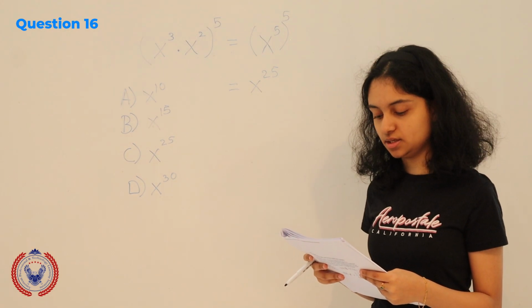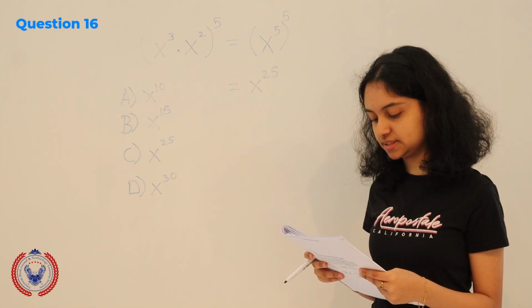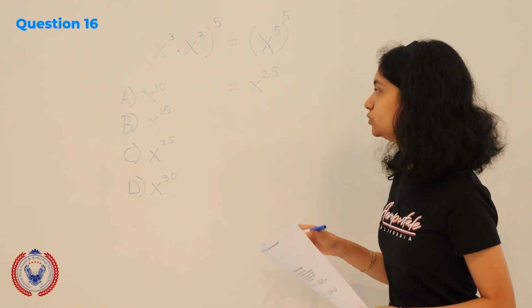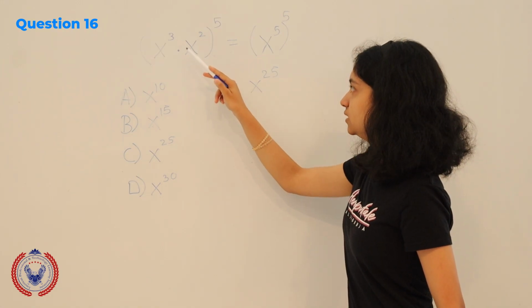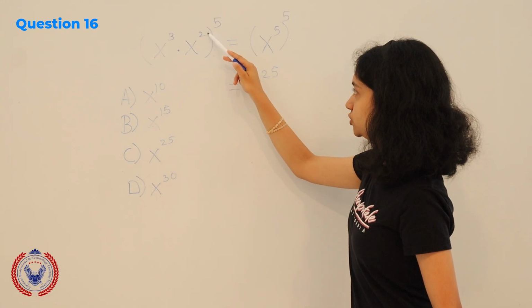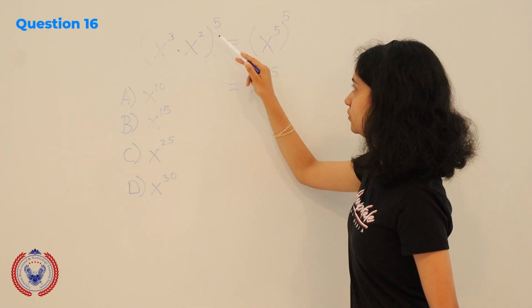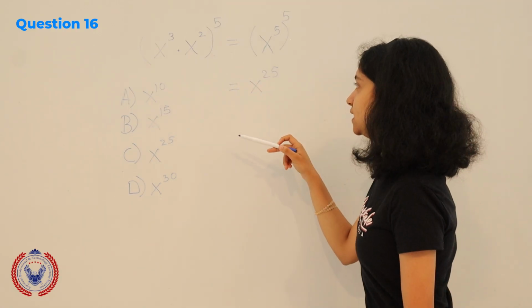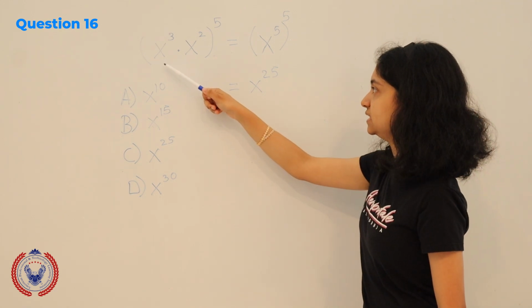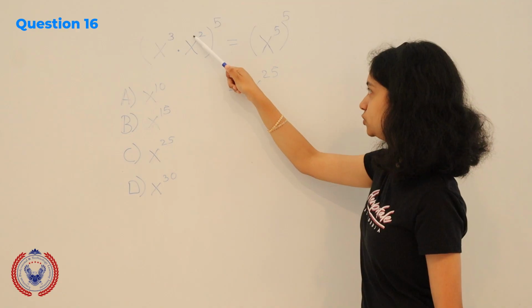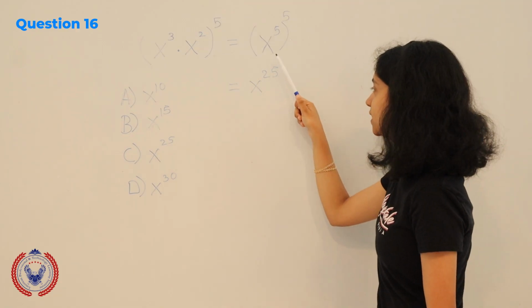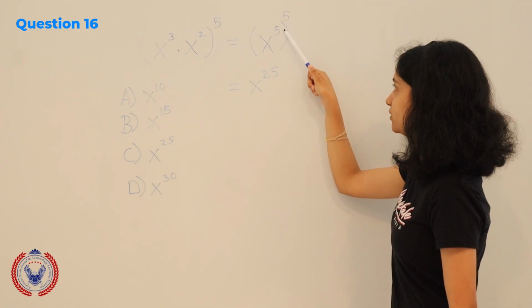Question 16. Which of the following expressions is equivalent to x raised to the power 3 times x raised to the power 2, the whole thing raised to the power 5? Okay, in this, because my base is the same, which is x, I could add 3 plus 2 inside the parentheses, and that would make it x raised to the 5.